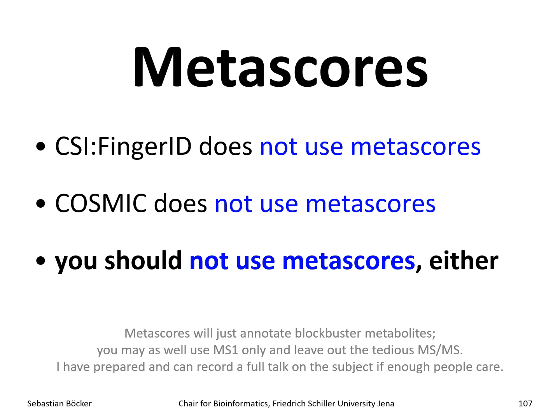And actually what you could do, if you believe in these blockbuster metabolites, you can as well leave out the tedious MS2, just measure an MS1. Okay? If you think that MS1 is enough to annotate novel structures, then use metascores. If you don't believe that, I would be really, really scared to use them.